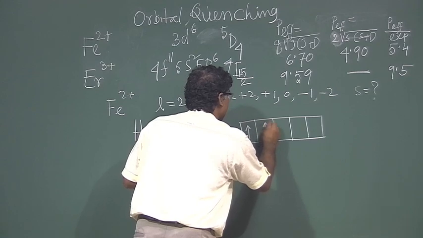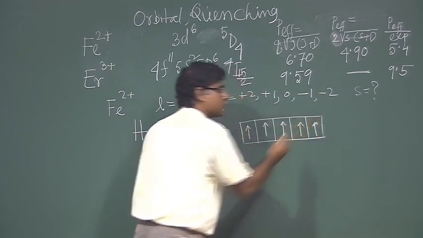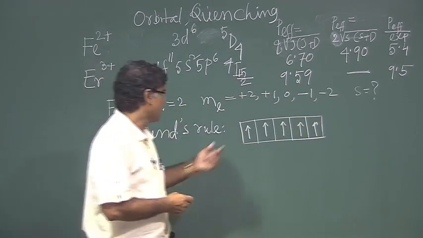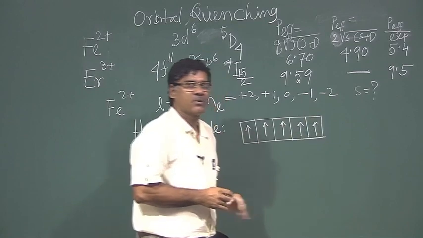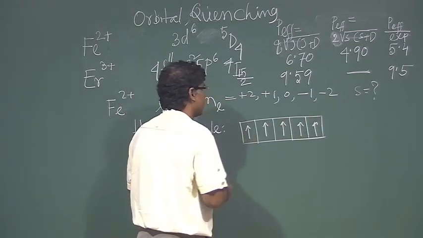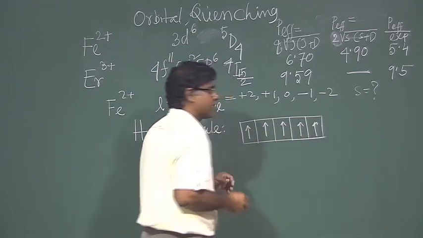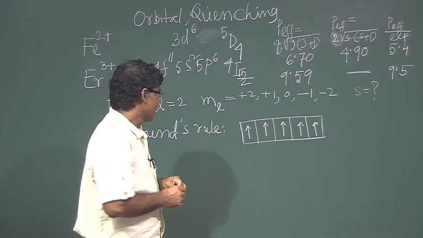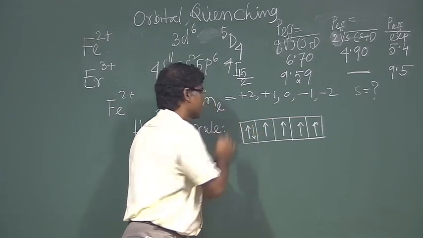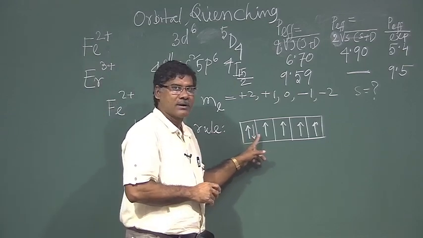If I put all spins the same way, I can do that without violating the Pauli exclusion principle. So, I have put 5, and then one more I have to put. Anywhere I can put. Okay, so let us say here I will put.